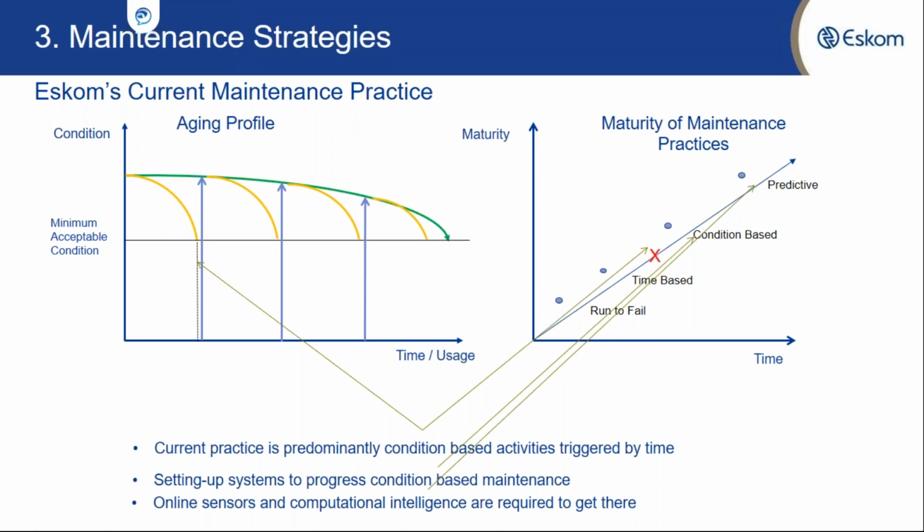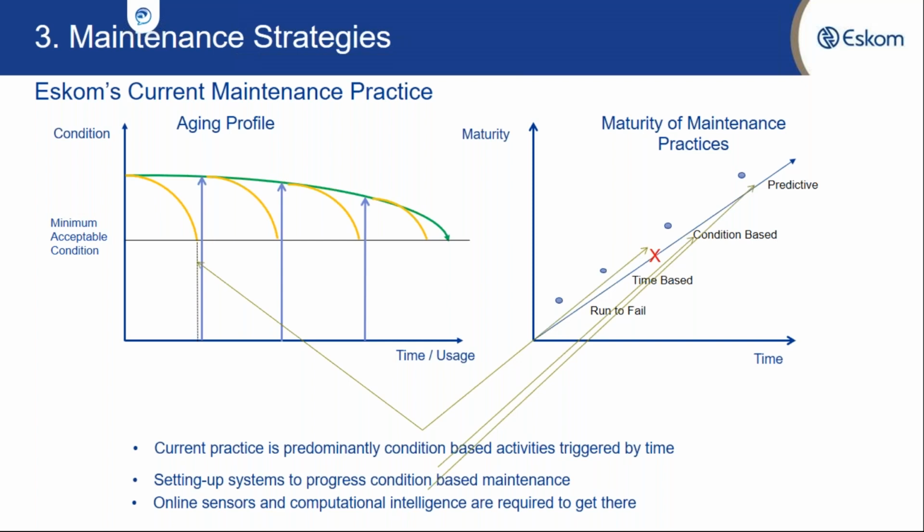The reason I say it's condition-based activities is that we are doing more inspections and tests. In the past, we used to do major overhauls, whereby we open equipment and look at the conditions in there. Now the current approach is that we do tests and inspections, and the results of those dictate what we need to do further, if we need to replace a component or fix anything.